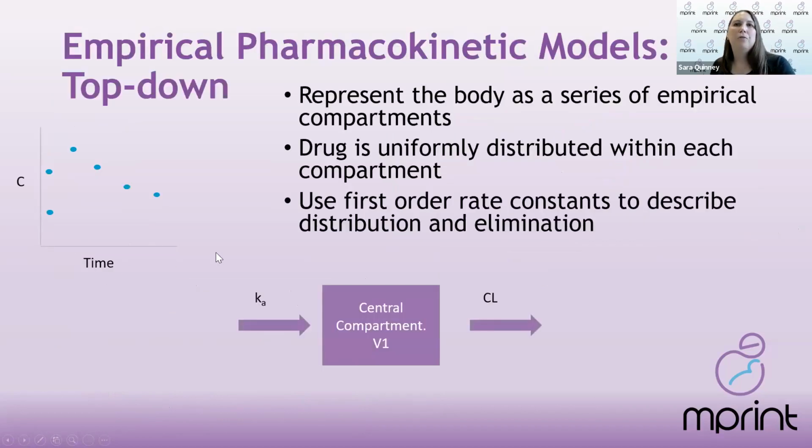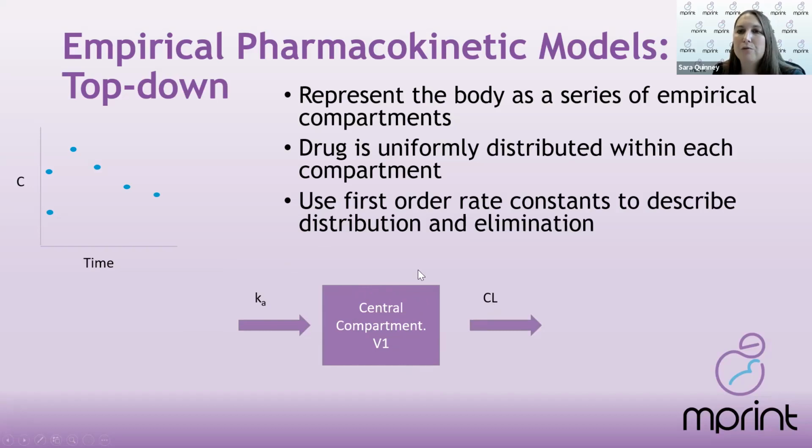On the other hand, when you are using an empirical pharmacokinetic model, or a compartmental model, your body is represented as a series of empirical compartments. So in this case, we see an absorption phase going into the central compartment and the clearance phase. So this would be a compartment with uniform distribution, fairly quick within that compartment.